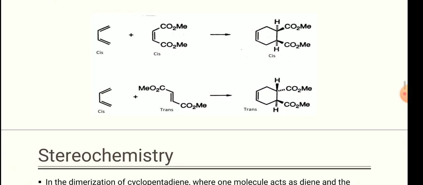Here you will get the trans ester, that is one of the ester groups will be below the ring and another group will be above the ring. So from this example one can say that the cycloaddition reaction is stereoselective.